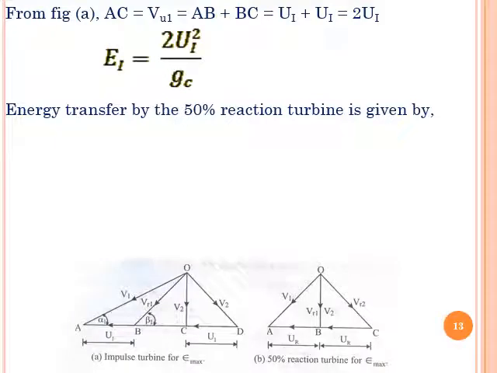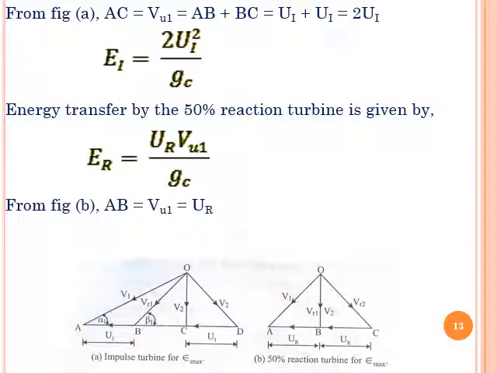Energy transfer by the 50% reaction turbine is given by UR into tangential velocity by GC. From figure B, AB is equal to VU1, which is equal to UR.